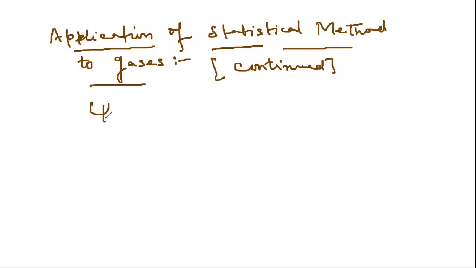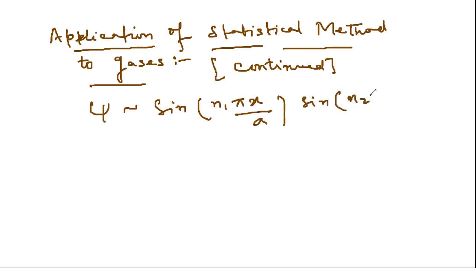Psi is proportional to sine of n1 pi x by a, sine of n2 pi y by a, and sine of n3 pi z by a.